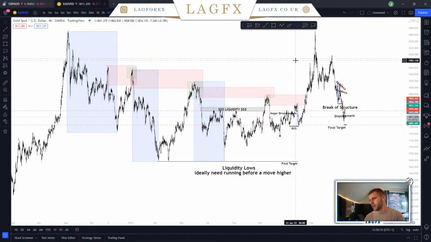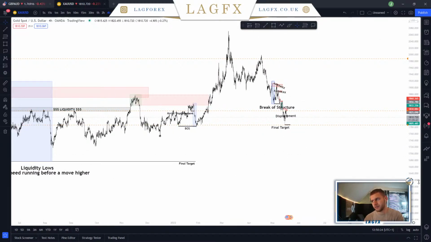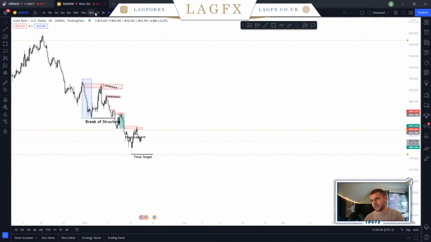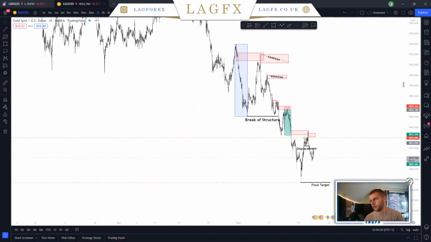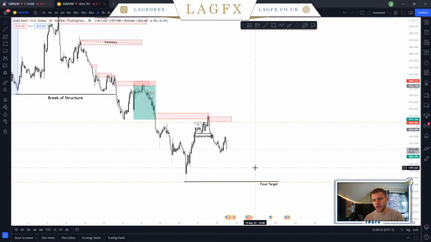As I stated, there isn't really any downside targets for price as of right now, and there isn't really any demand zones that I would argue price is looking to react from. So at this point, my only bias is that price should arguably continue to bleed out, and as it is still doing so with a lot of high volume, I'm just going to assume that we're going to have a continuation of that, and hopefully keep finding sell entry opportunities.